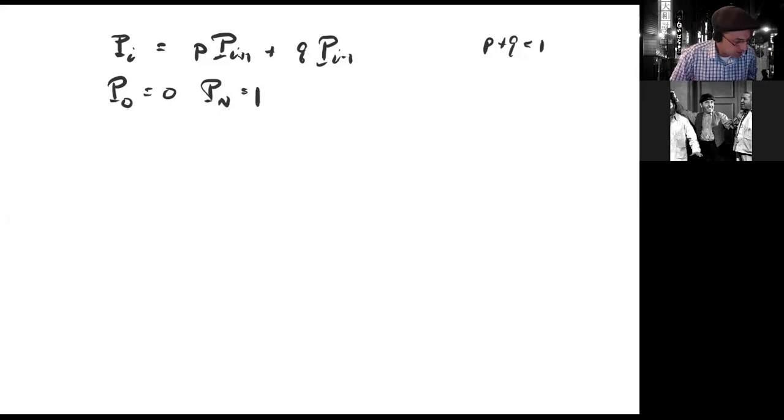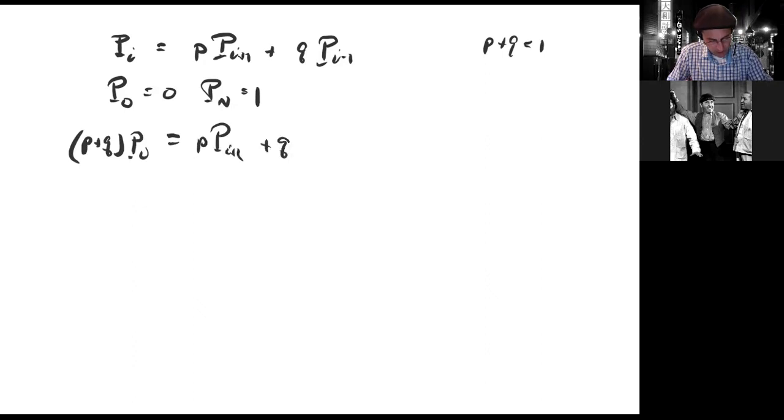Now, if you take this top equation, you can rewrite it in the following way. P plus Q is 1, because Q is defined to be 1 minus P. So you can think of it as P plus Q times P sub I equals P times P sub I plus 1 plus Q times P sub I minus 1.